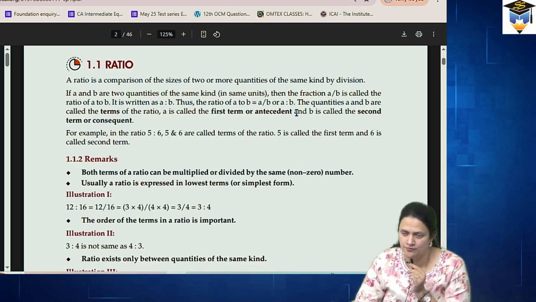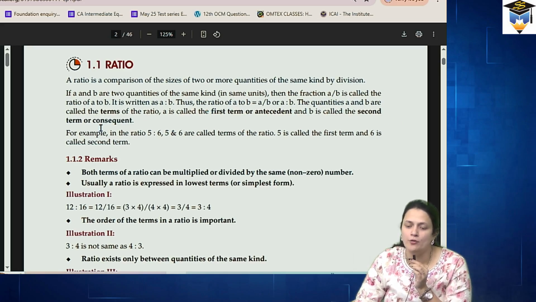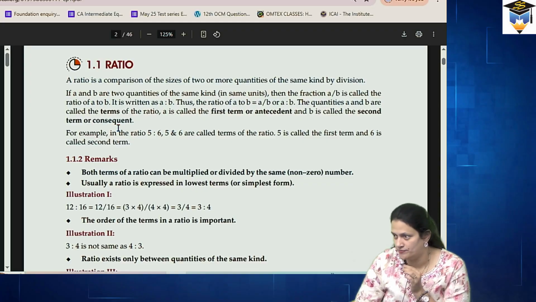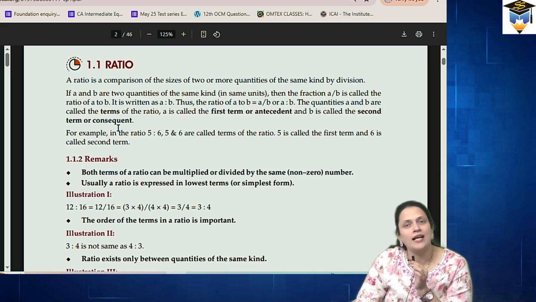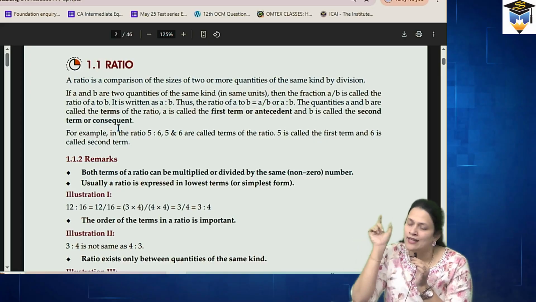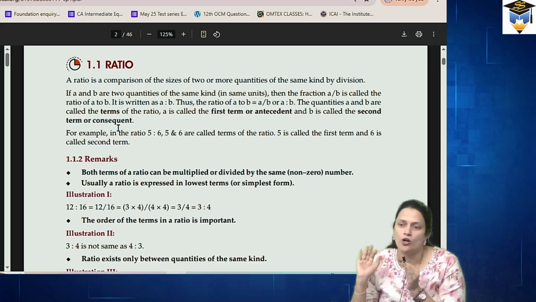Please write it down. The denominator part is called the second term or consequent. You should know these names, because in the exam they might ask you consequent upon antecedent or antecedent upon consequent. Then you have to think that the numerator part is called the antecedent, and the denominator part is called the consequent.